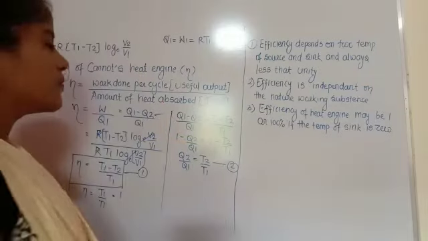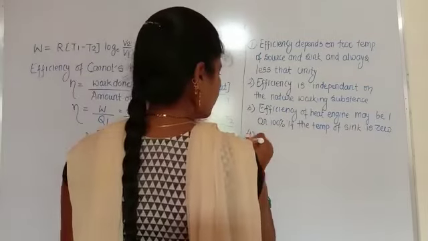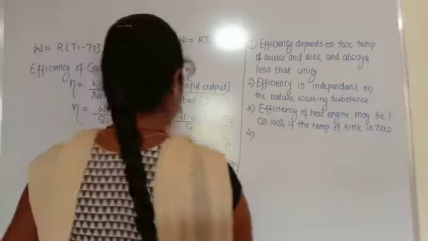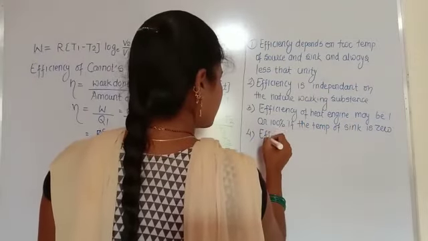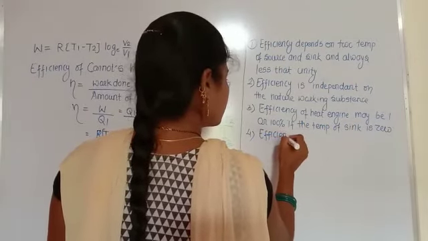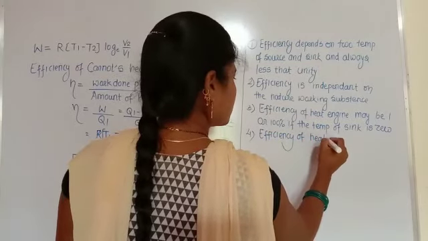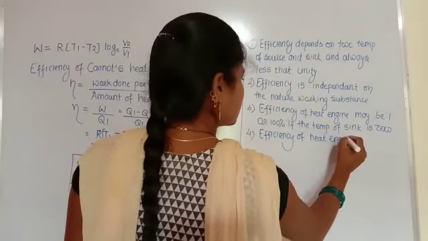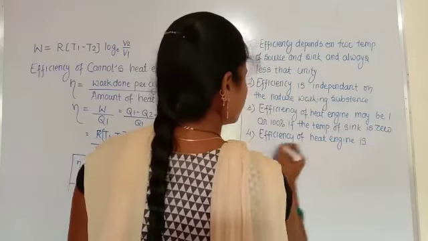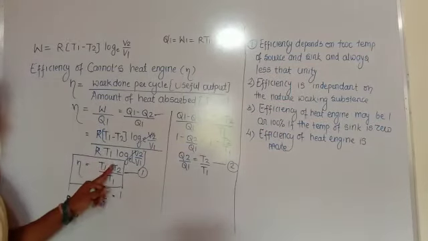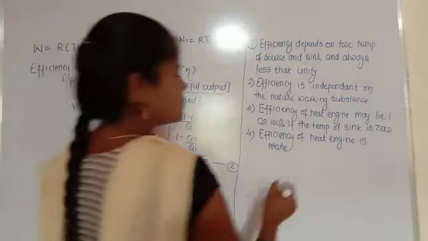Then the fourth point which we observe from this equation is that the efficiency of a heat engine is more when T1 minus T2 has the greater value.